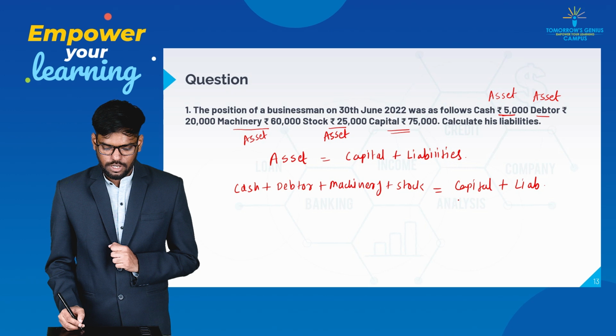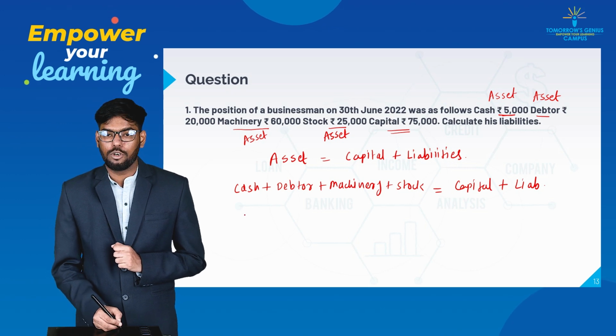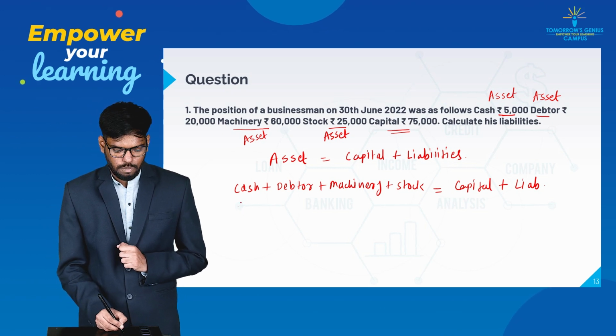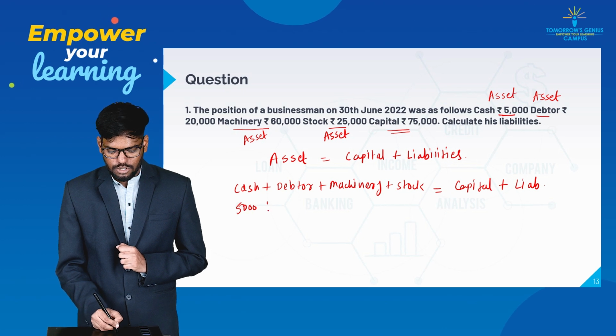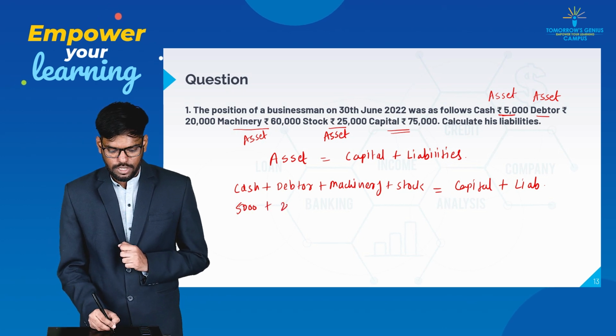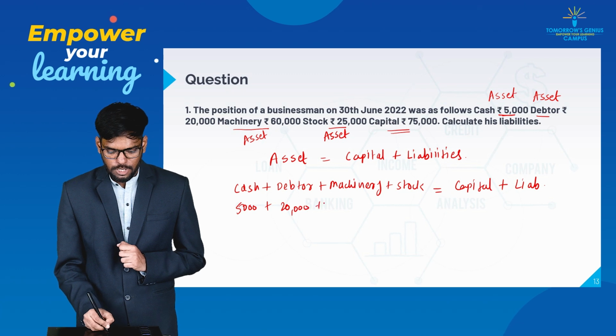So capital is 75,000. So I need to put in the amounts now. Cash is rupees 5,000. Debtor is rupees 20,000, plus machinery is how much?